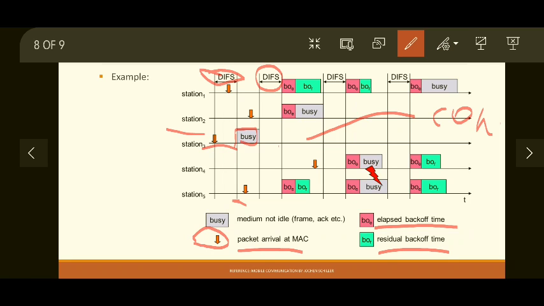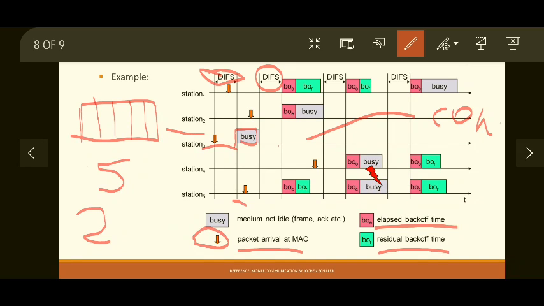When station 3 started sending, all these stations 1, 2, 4, 5 paused their back off timer. Why? Because while they were waiting, the medium became busy. When the waiting period is started by a back off timer, it may be of several slot times. Let's say 5 slot times, out of which after 2 slot times elapse, the medium becomes busy.